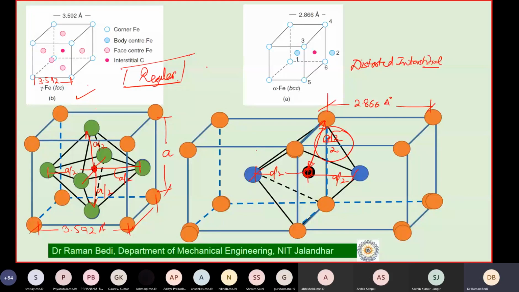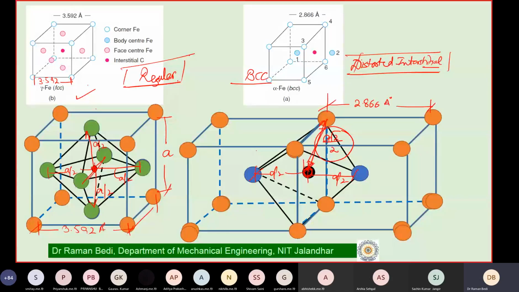The carbon atoms in BCC iron do not find space to occupy the interstitial sites. Although the number of sites is larger here, their size is smaller, their shape is distorted, and that is why carbon atoms do not form a solid solution, and their solubility limit is less.